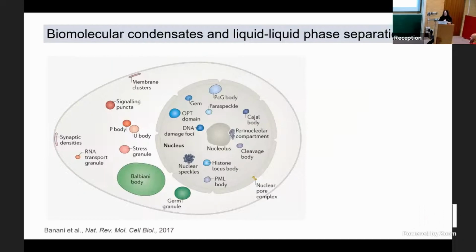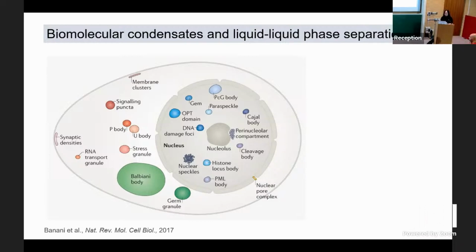If you are not in the condensate field, this is a relatively new area, which started more than 10 years ago. It has been discovered that a cell is host to a multiplicity of biomolecular condensates. These condensates are made of proteins, or sometimes RNAs, DNAs, all kinds of molecules.